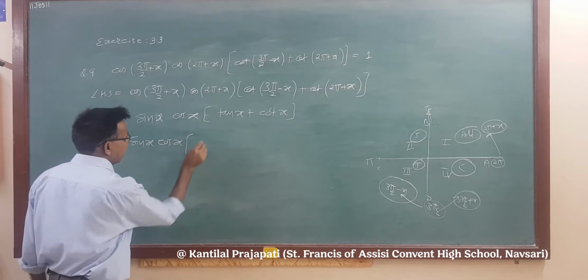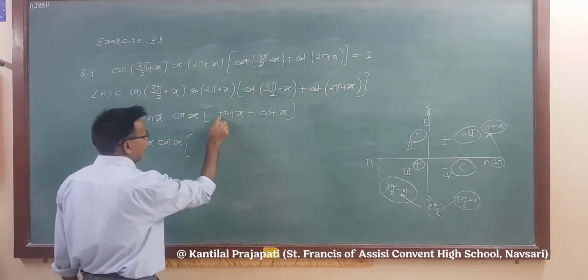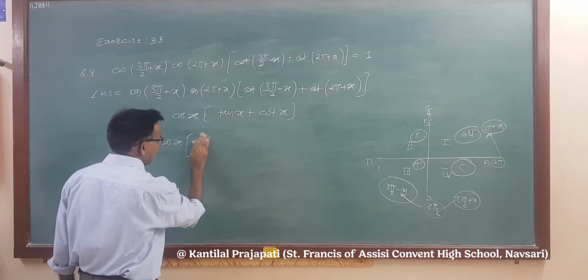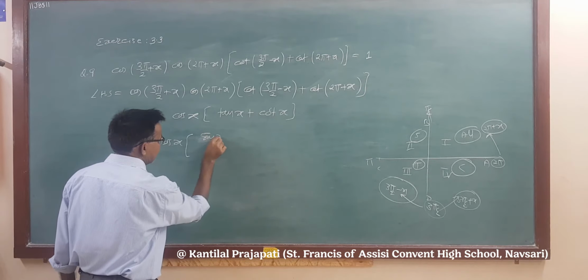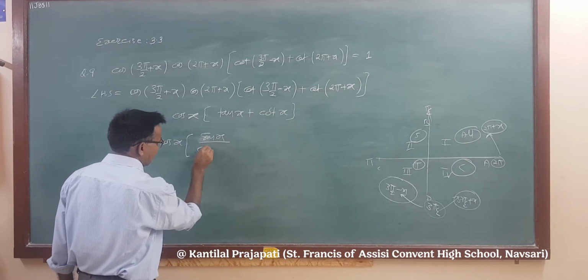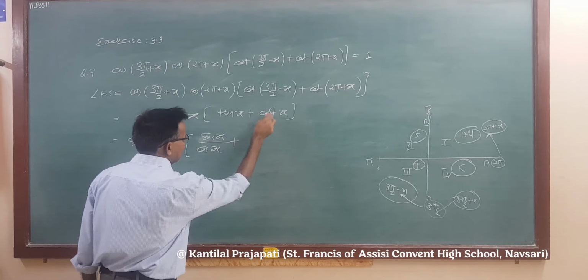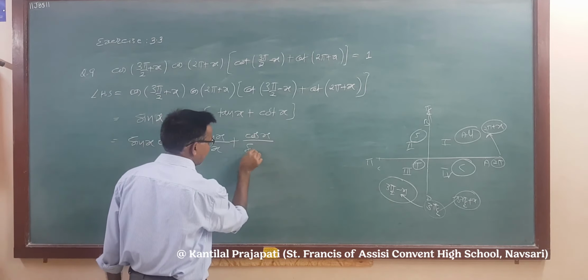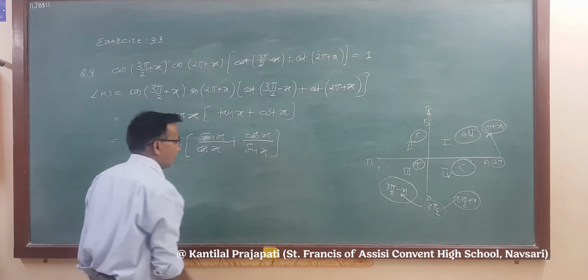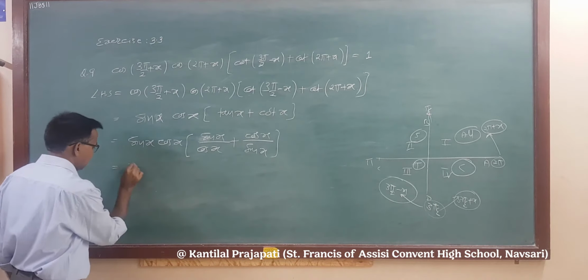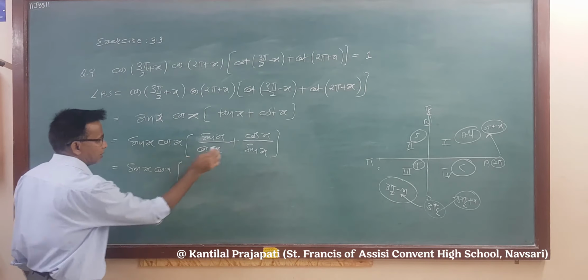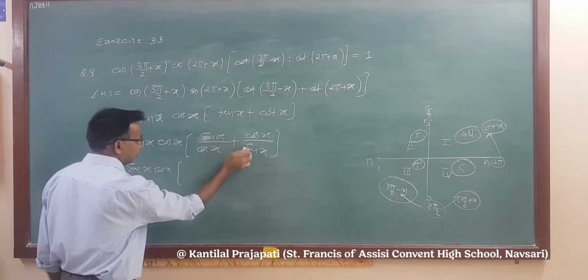In bracket we write now: simplify, express in sin and cos. So tan x is equal to sin x upon cos x, plus cot x, that is cos x upon sin x. Right, and this is equal to sin x into cos x. Now take the LCM here, right?